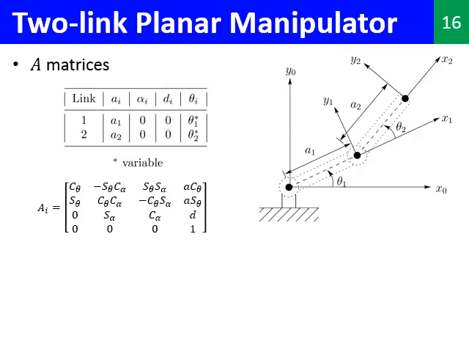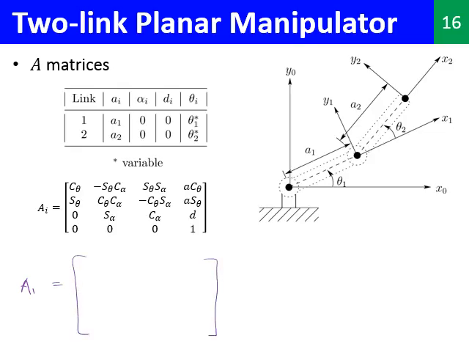Next, we are going to find the A matrices by looking at the DH table. The A matrix has the following form that we derived last time. It is all about just substituting these values in the DH table to find all the A matrices that we require to do forward kinematics. We will start with A1, which is the homogeneous transformation matrix from the 0th frame to the 1st frame. So let me write A1.